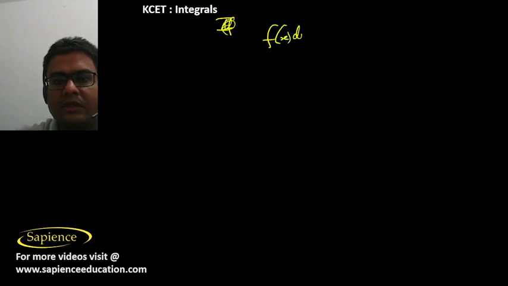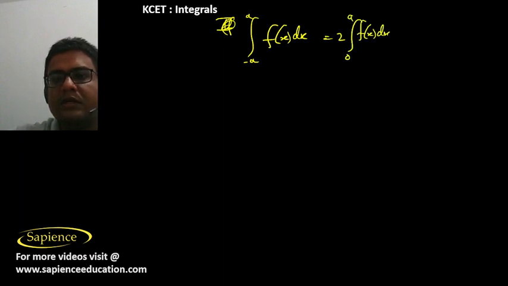There is a rule: the integral from minus a to a of f of x dx equals 2 times the integral from 0 to a of f of x dx if f of x is an even function.